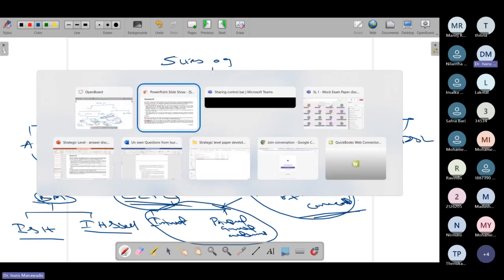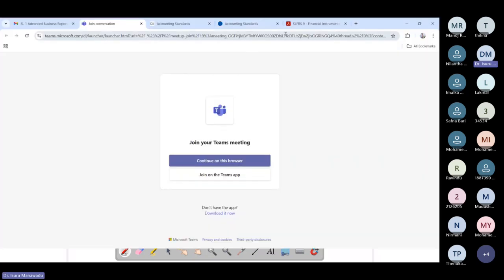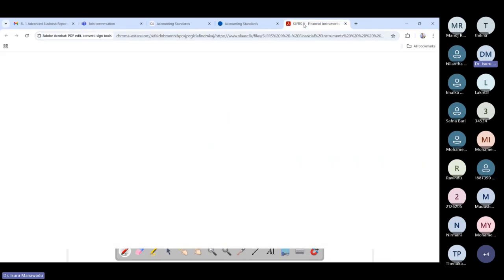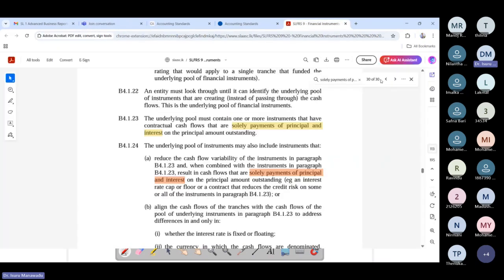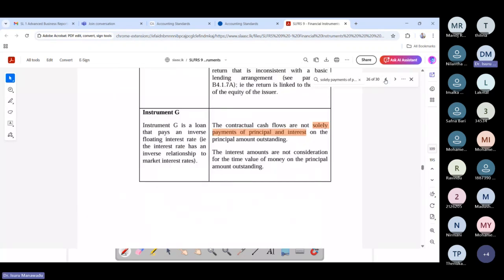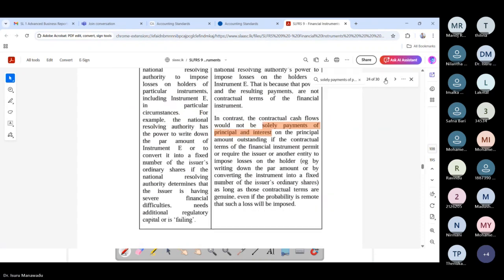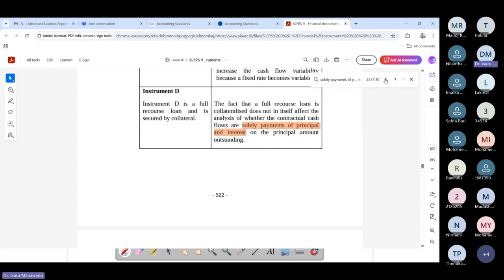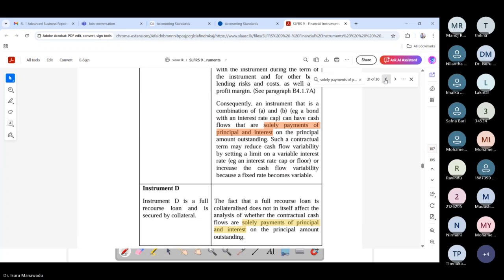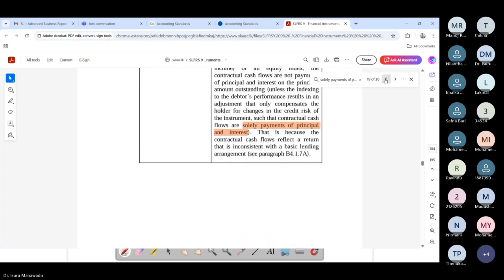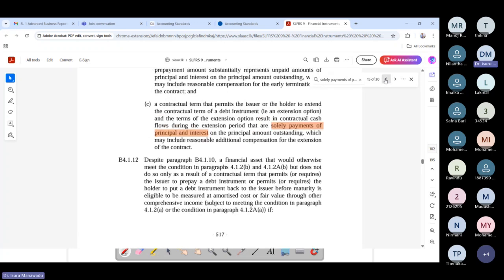Let me show you the application in the standard, because you are allowed to bring the standard book into the examination hall. So I have searched in the standard book for solely payment, right?